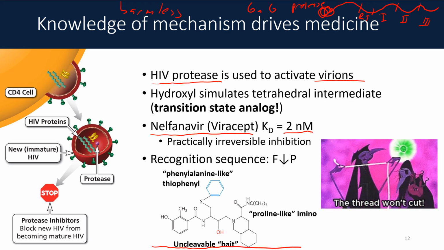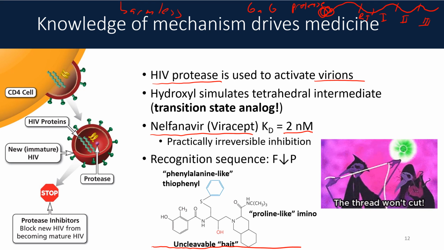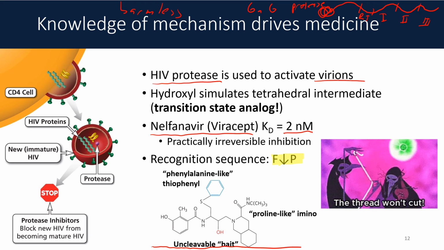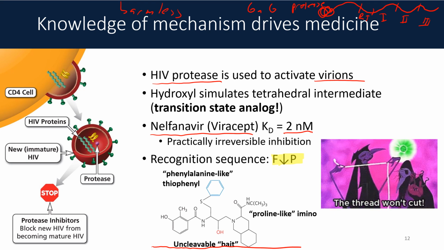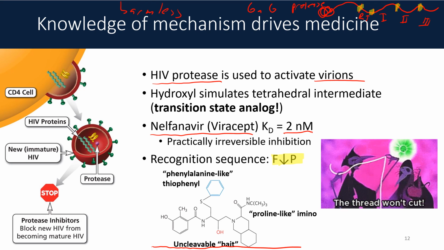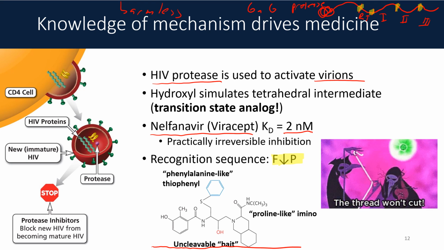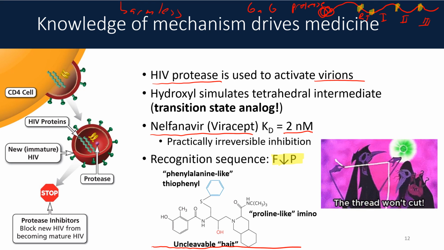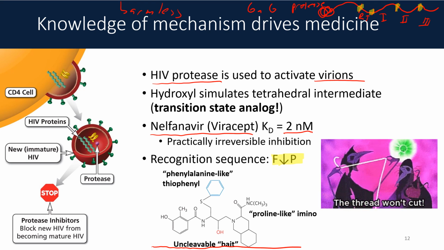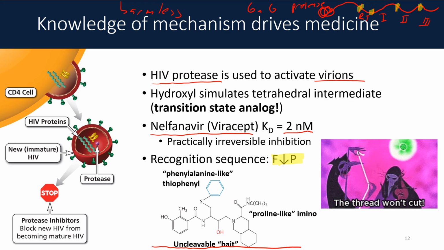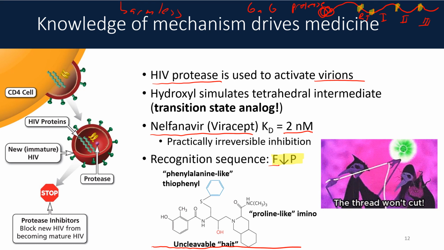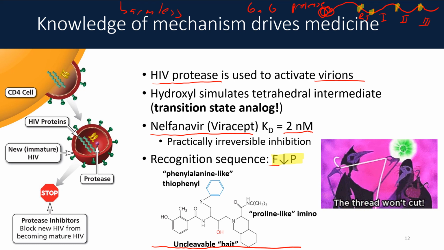Scientists know that the recognition sequence for HIV protease is phenylalanine proline. So each of these notches that I drew up here is a phenylalanine proline pair, and we're going to cut the bond between them. So in the molecular structure of Viracept, we included a phenylalanine-like portion shown over here in blue.